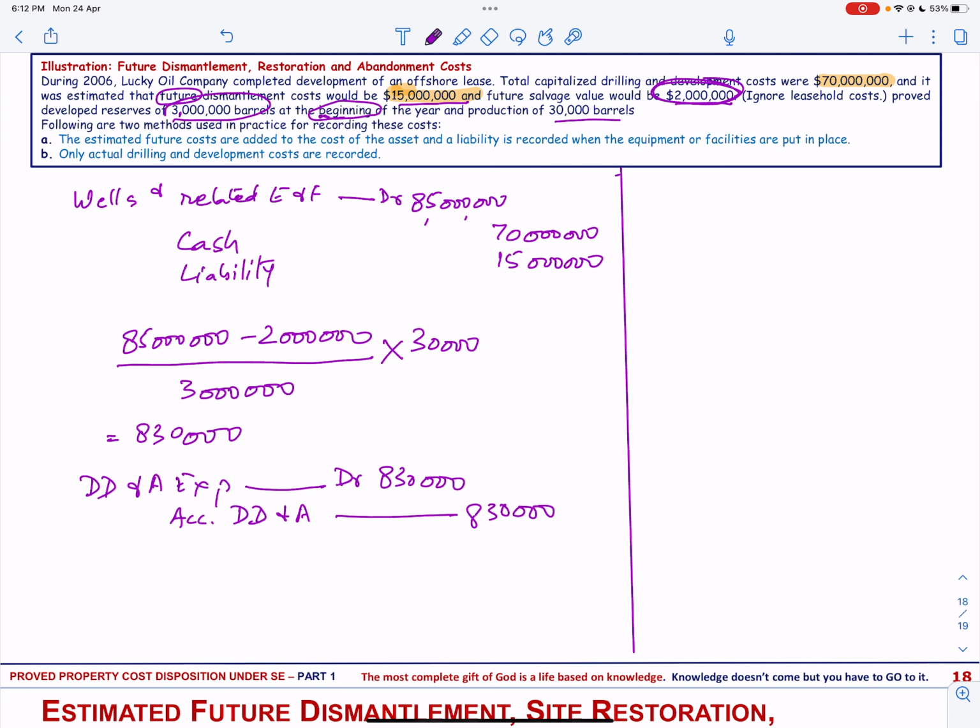so let us see how we generalize. So once again, wells and related equipment and facilities will be debit by the cost incurred, that is 70 million, and cash will be credit by 70 million. Then we are going to make the DD&A calculations.